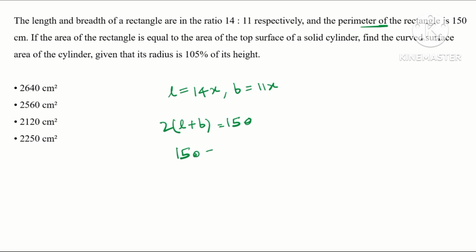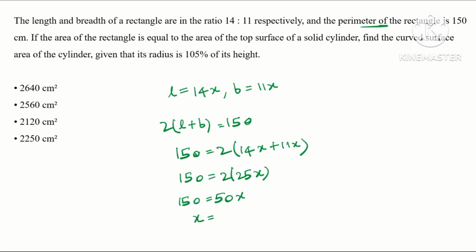So 150 equals 2 into (14x plus 11x). 150 equals 2 into 25x. 150 equals 50x. So x will be 3 centimeters. Length is 14 into 3 is 42 centimeters, and breadth equals 11 into 3 is 33 centimeters.